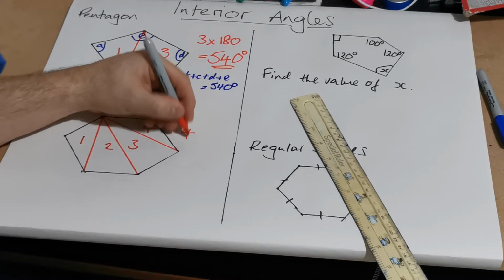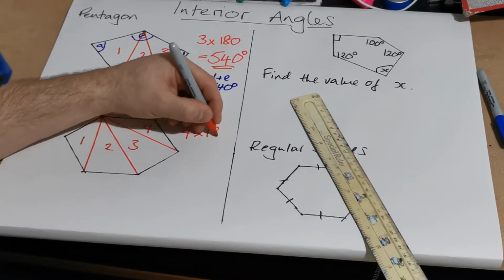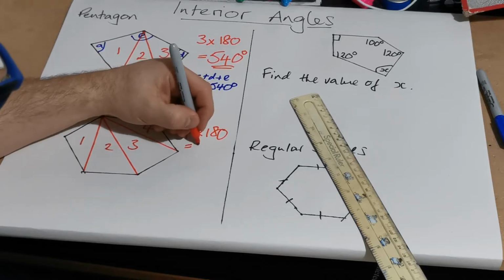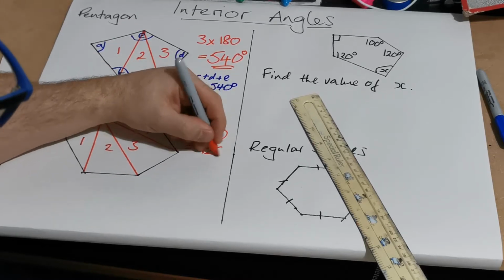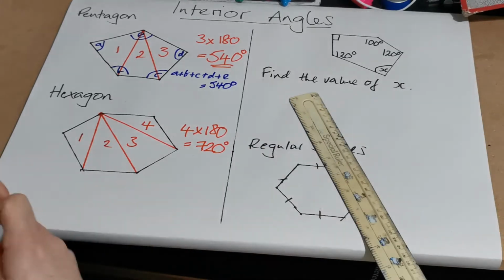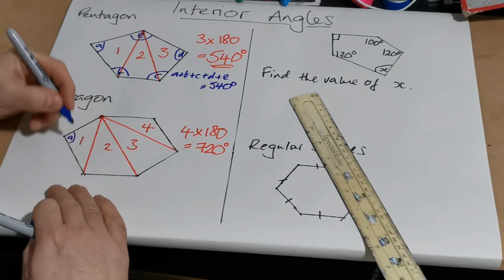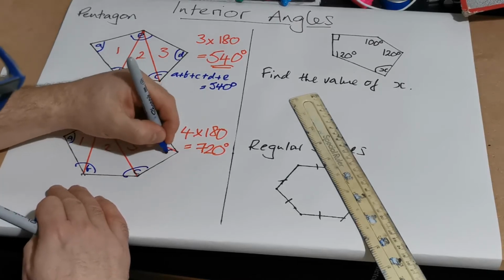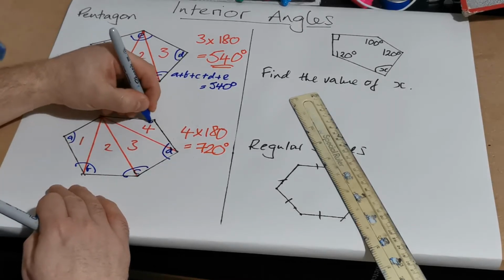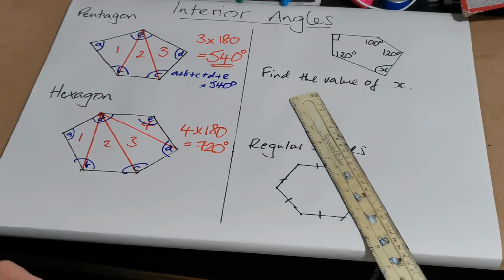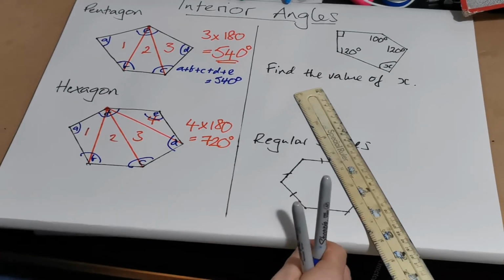I can do 4 triangles, so that's 4 times 180 degrees, which is 720 degrees. So that means that these angles A, B, C, D, E and F all add up to 720 degrees.